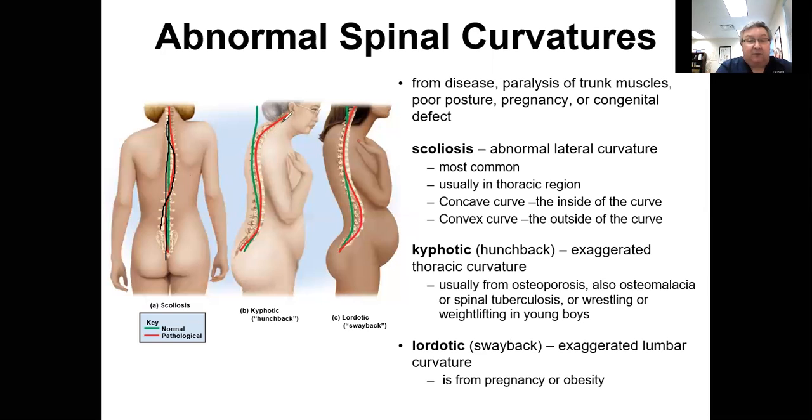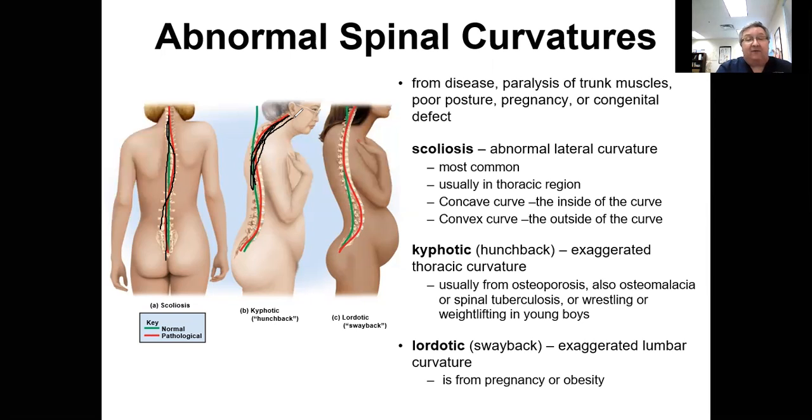Here in the middle, and this usually occurs in our elderly, you'd see it as a hump in the thoracic area. So a kyphosis is a hunchback, a hump in the thoracic area.